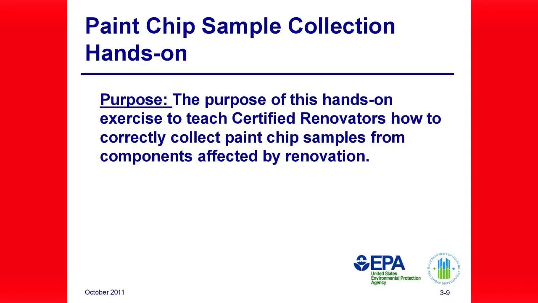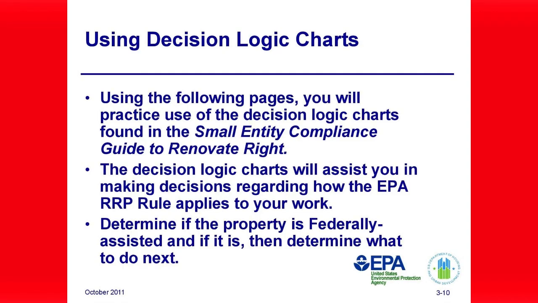In addition, students will learn an alternative method for determining the presence of lead-based paint by collecting paint chip samples that are submitted to an NLLAP-recognized laboratory for analysis. Using decision logic charts.